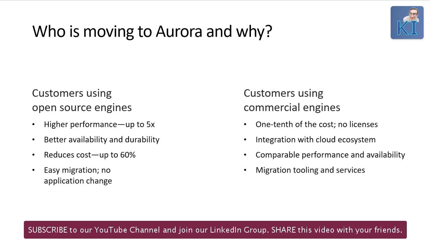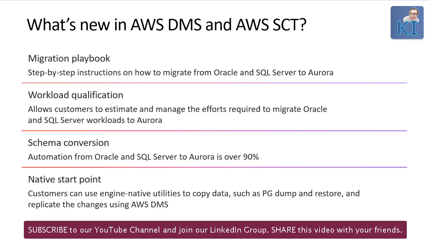If you are using some other database and you want to migrate to Amazon Aurora, you have tools available like DMS and SCT. DMS is Database Migration Service, which is from Amazon, and SCT is Schema Conversion Tool. DMS basically helps you to dump data from a source DB to a target DB. It can be homogeneous and heterogeneous both, so there are different heterogeneous combinations possible with DMS as well.